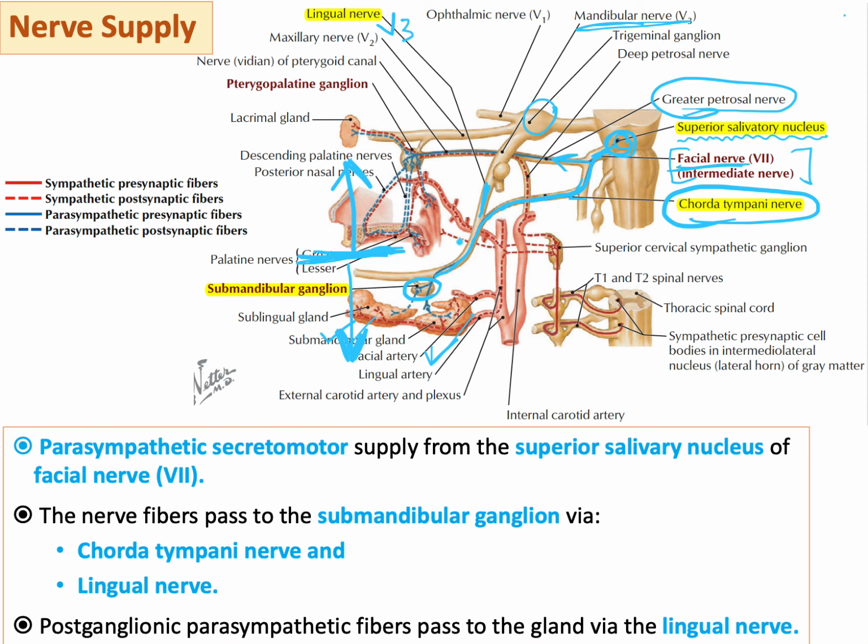Once the parasympathetic fibers reach the submandibular ganglion, the synapses happen there, and from there the fibers reach the submandibular gland and also the sublingual gland. Of course, there are also fibers that continue with the lingual nerve until it reaches its target other than those two glands.